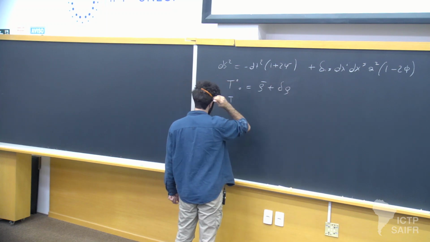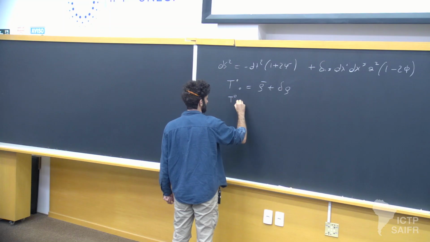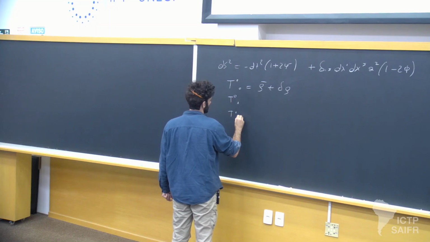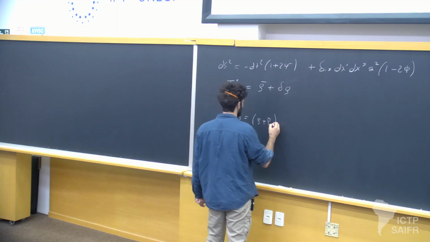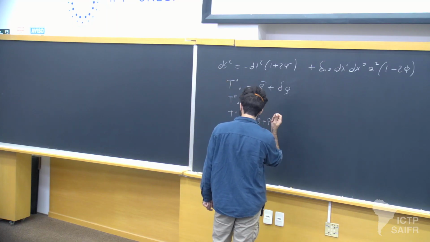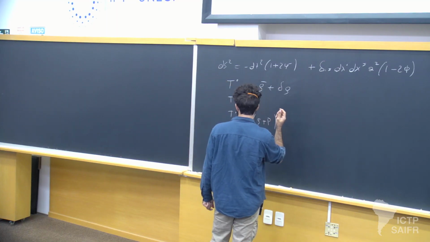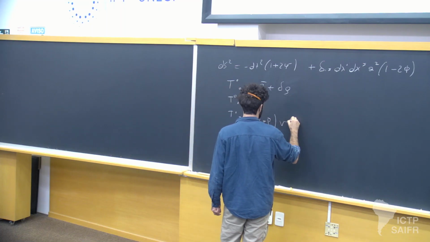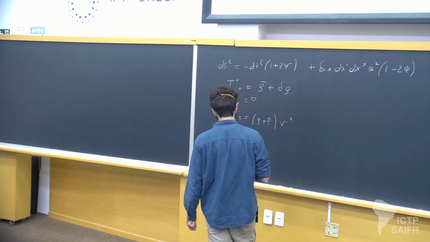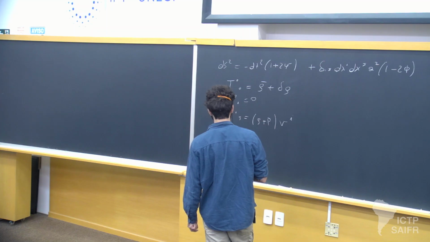We put T 0 i and T ij. T 0 i is rho plus P times V i.